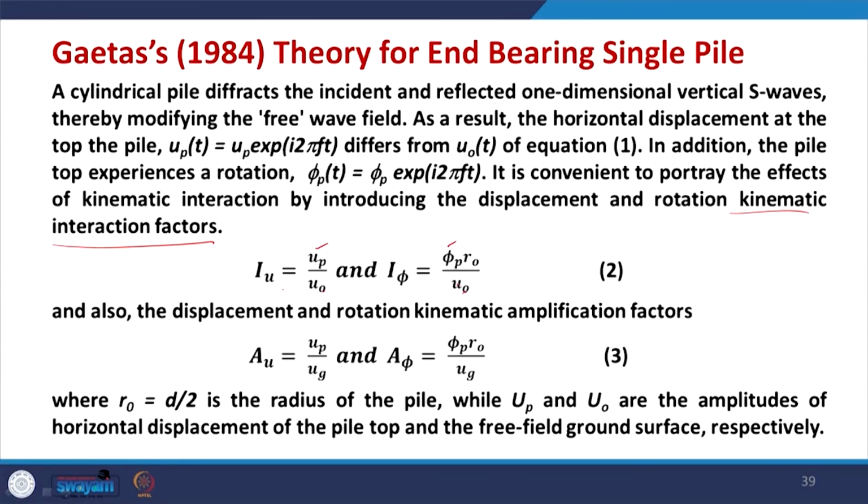If the same factor is divided by the original ground motion Ug instead of U0, that is equation 3. Equations 2 and 3 are exactly the same, except that in equation 2 it is normalized with U0, while in equation 3 it is normalized with the ground motion amplitude Ug, and then it becomes an amplification factor. So, one is the kinematic interaction factor, another is the amplification factor. For the interaction factor you use the free field response, while for the amplification factor you use the ground motion itself.